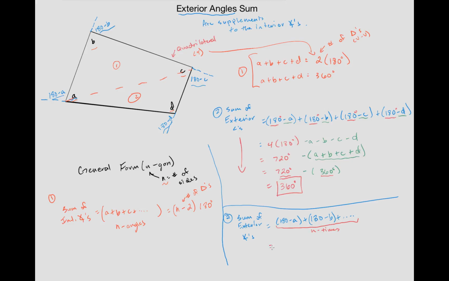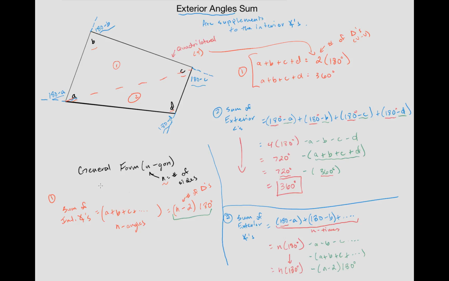And so we're going to wind up with n of these 180 degrees, and then minus A minus B minus C dot dot dot on forever, which again, I can rewrite as minus A plus B plus C plus dot dot dot for as many angles as there happens to be. And I, of course, know that if I add up all of those, it's just equal to n minus 2 times 180 degrees. So I'm going to subtract that here, n minus 2 times 180 degrees. And then I have this part here. I'm just going to keep that.